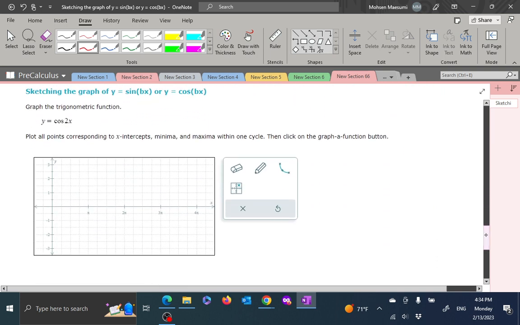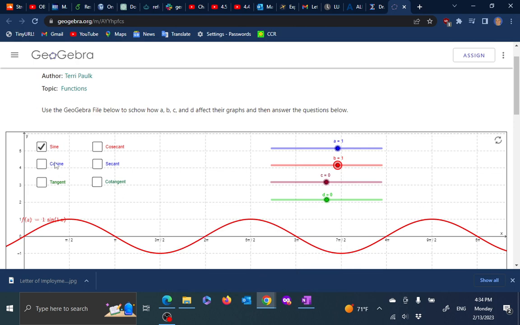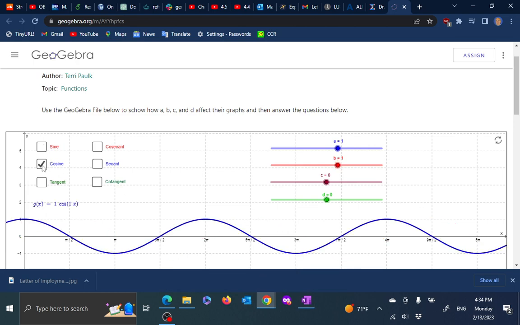Here are some pictures on cosine of 2x. So graph of cosine. Let's just take a short break here so we don't want sine, rather we want cosine. So this is the grandfather of all cosines. 1 cosine of 1x, okay? Last lecture we were playing with this amplitude, like if I change this thing from 1 to 2, what's going to happen?